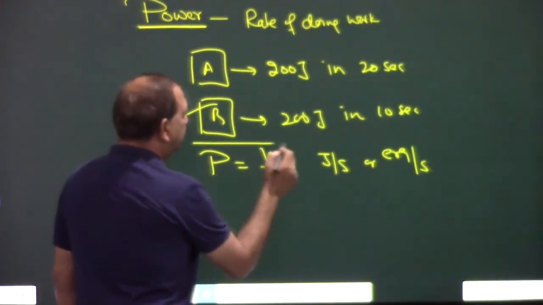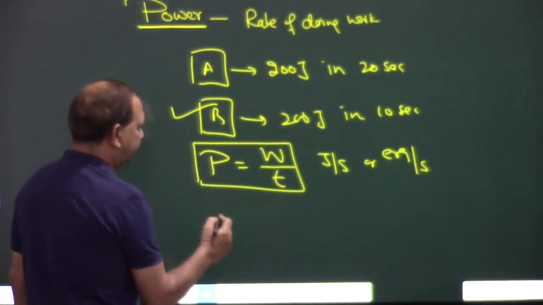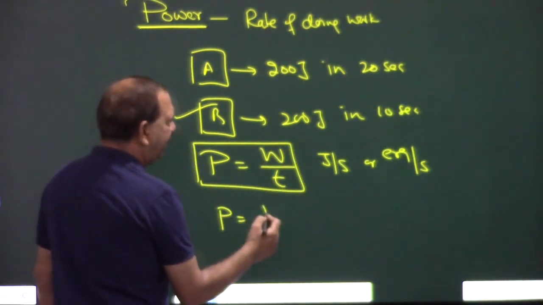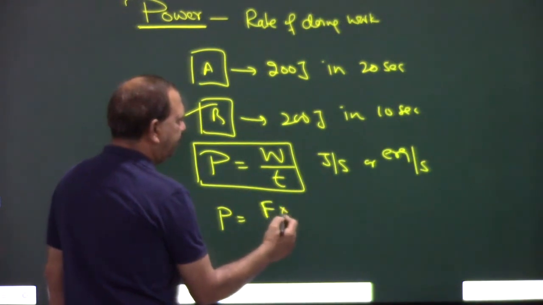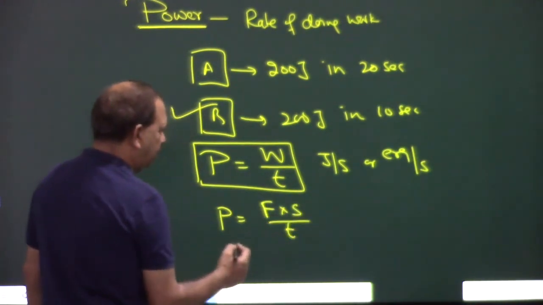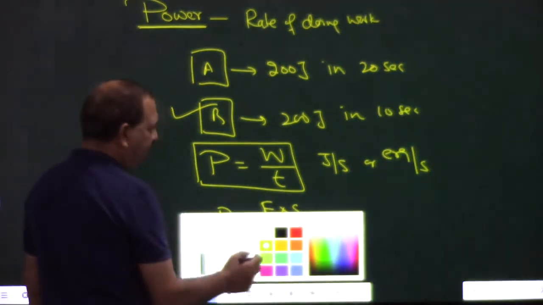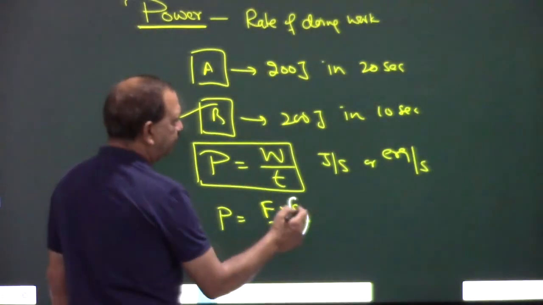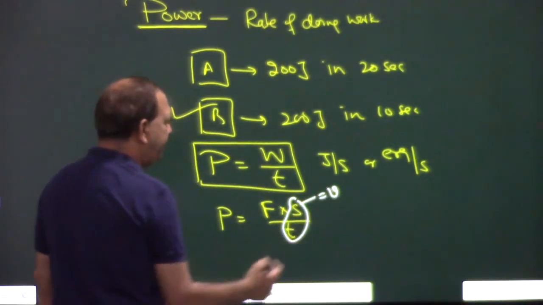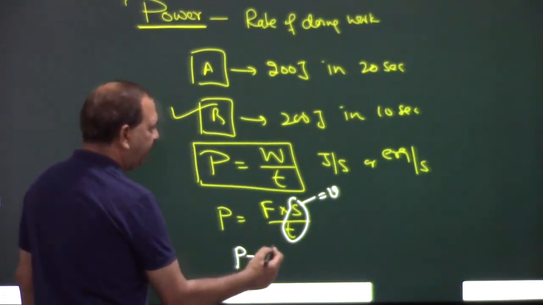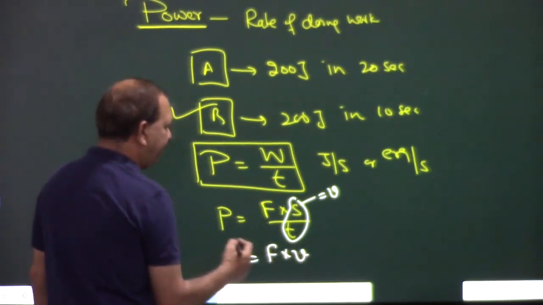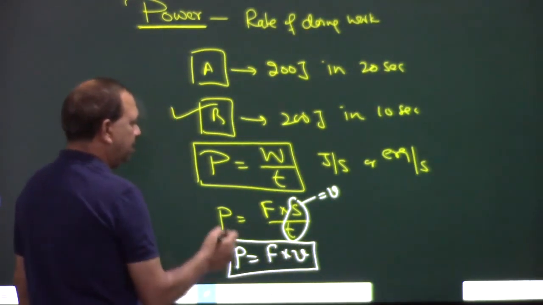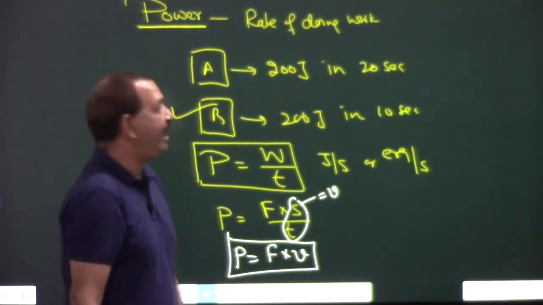From the definition of work, we know work is force into displacement, and displacement upon time is what? That is equal to v. So power is force into average speed.